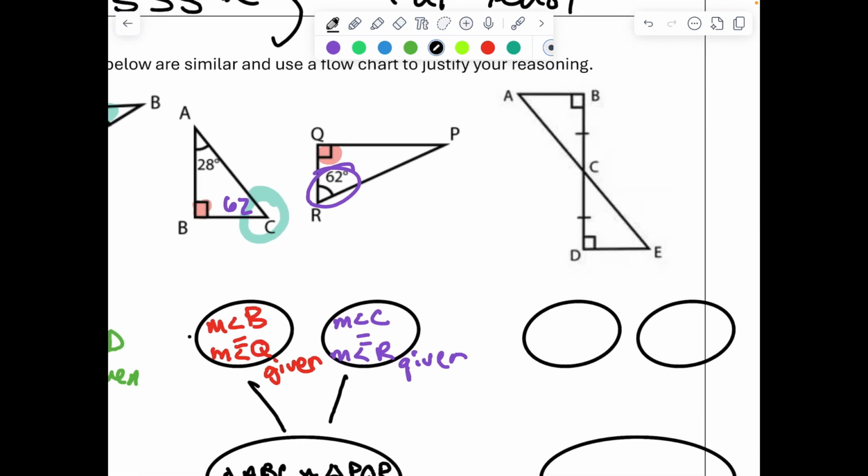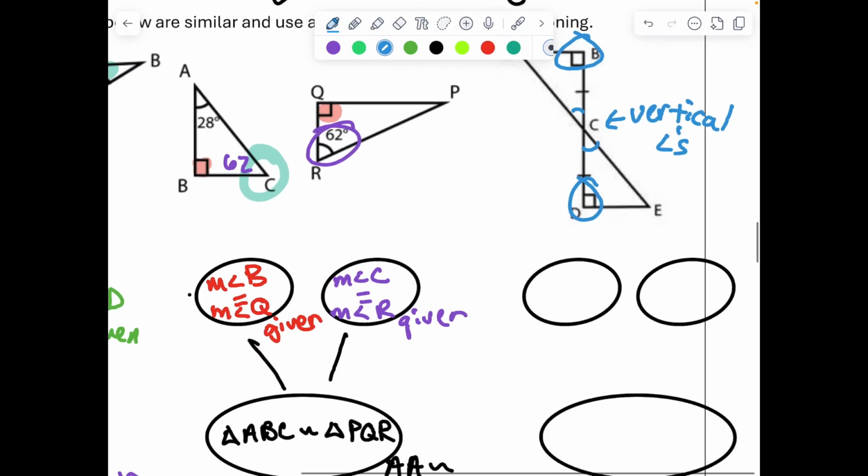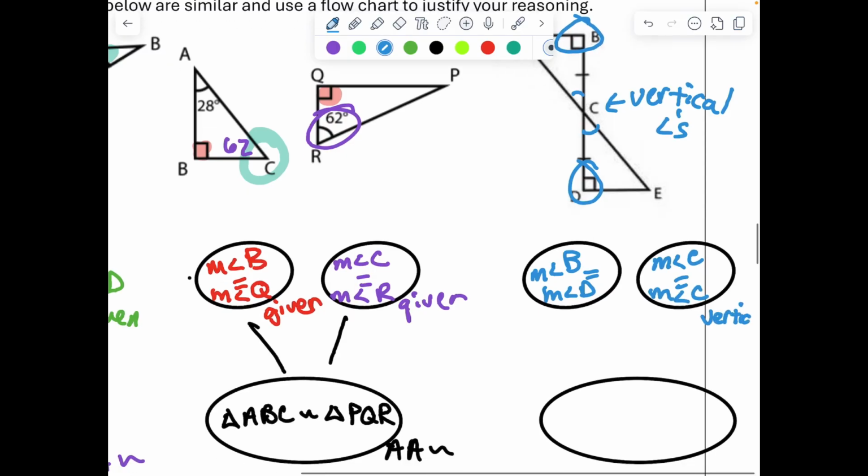All right, here we have another angle-angle problem. These angles are the same, they're both right angles, and then we have a pair of vertical angles. Vertical angles here, so I'm going to say the measure of angle B is equal to the measure of angle D, and then the measure of angle C is equal to the measure of angle C. That is because of vertical angles, and then the B and D were given to us.